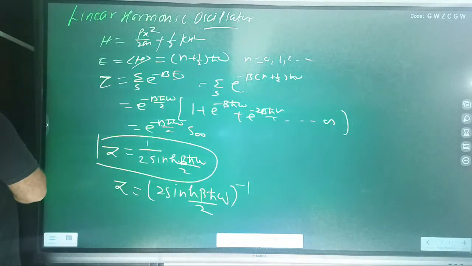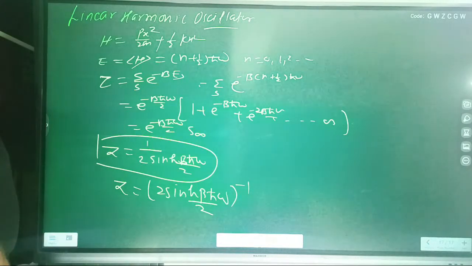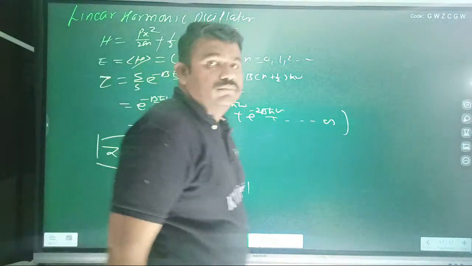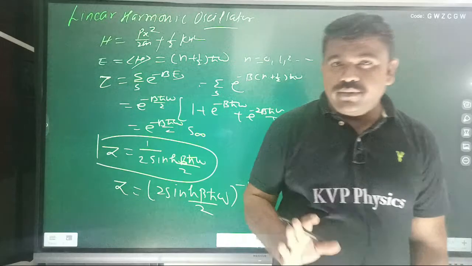Once you know the partition function Z, then we can find out which quantities.